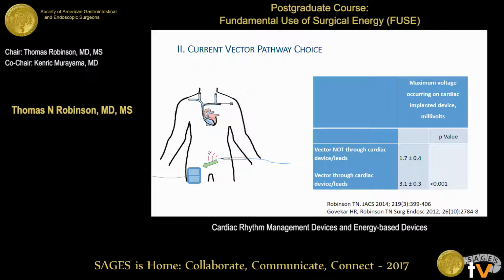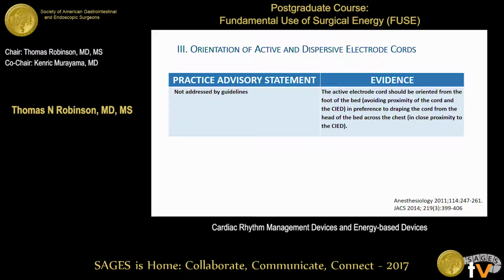So if you're operating up here on the shoulder, you would not want to just place your dispersive electrode down here on the right thigh or the right gluteus, which would be the traditional place to put it. So think about your current vector. That is a modifiable factor in the operating room.